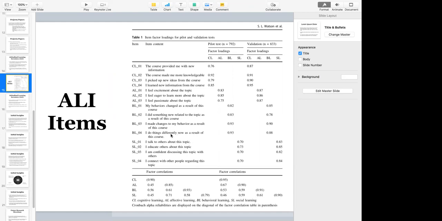I do things differently now as a result of this course. Social learning talks about how their behavior changed socially. So I talk to others about this topic. I educate others about this topic. I am confident discussing this topic with others, and I connect with other people regarding this topic as well.